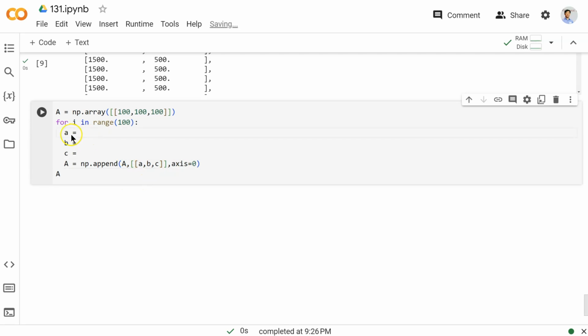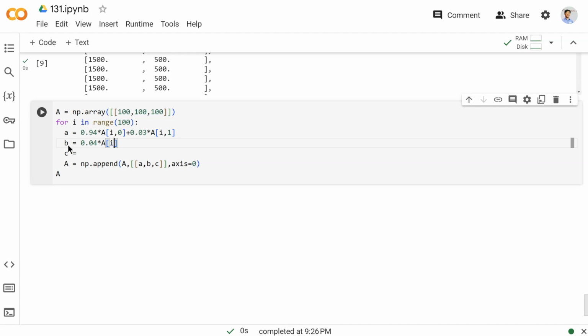So the number of children in the next year is going to be just the number of children last year times 0.94. So I'm going to multiply this by A of I, 0 plus 0.03 times the number of adults last year. So that's going to be A of I, 1. And the number of adults in the next year is going to be 0.04 times the number of children last year.